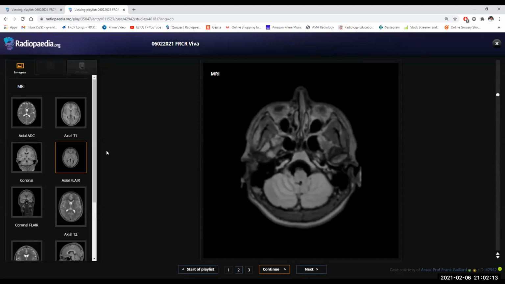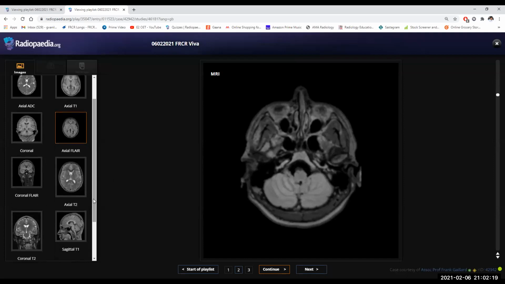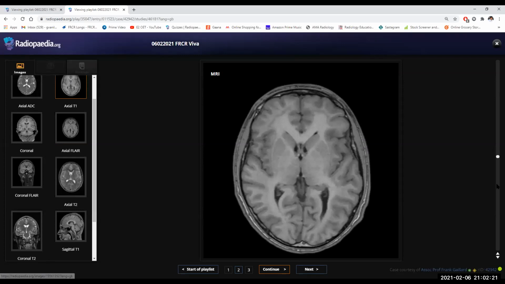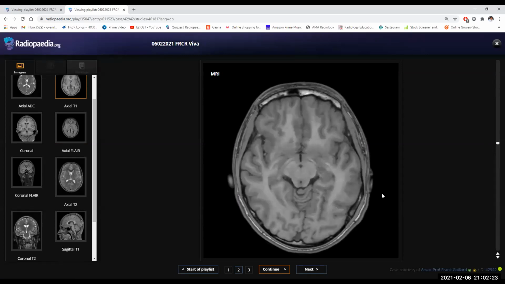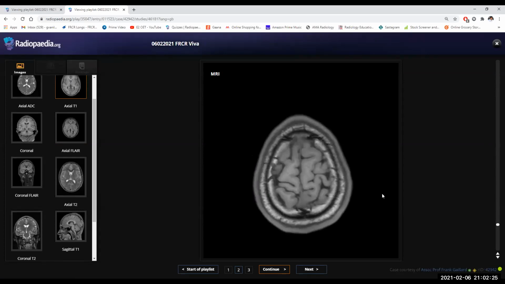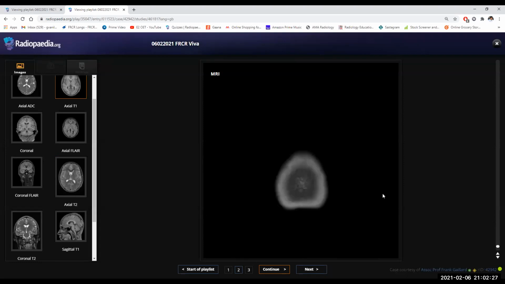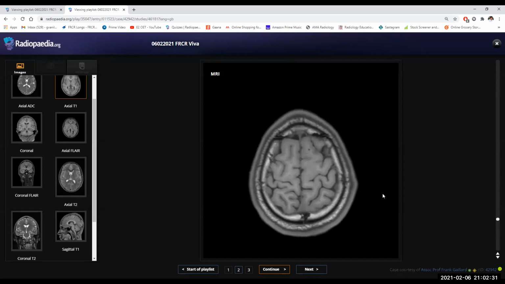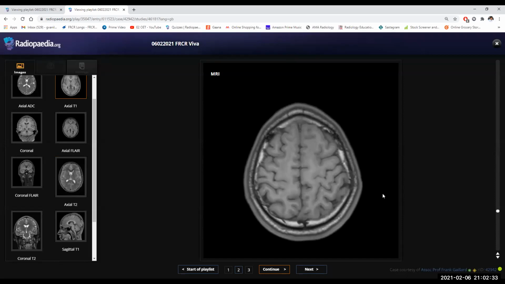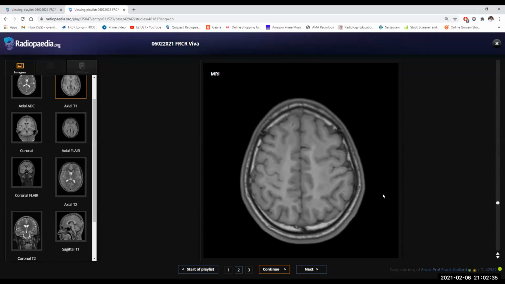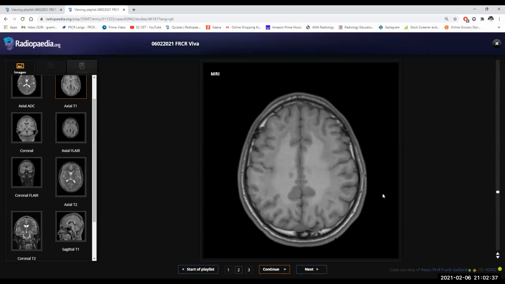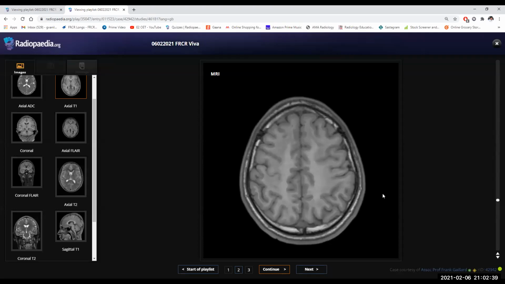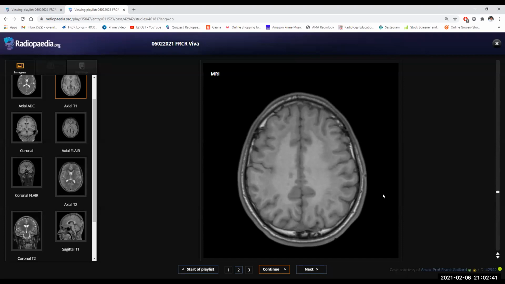Would you tell me which sequence to take? I will advise you to take T1. Okay, so now I'm in T1, going from the vertex down. On T1, I'm looking at the sulci, the gyri, the subarachnoid spaces and the white matter.